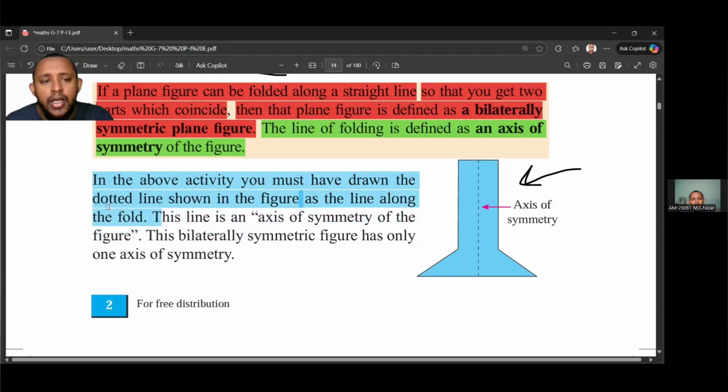So this is the fold line, and this line is an axis of symmetry of the figure.